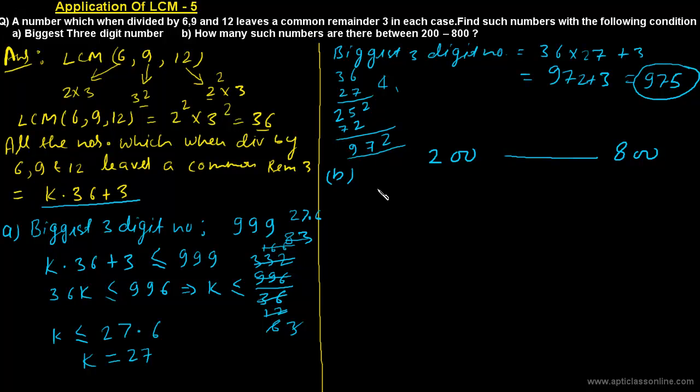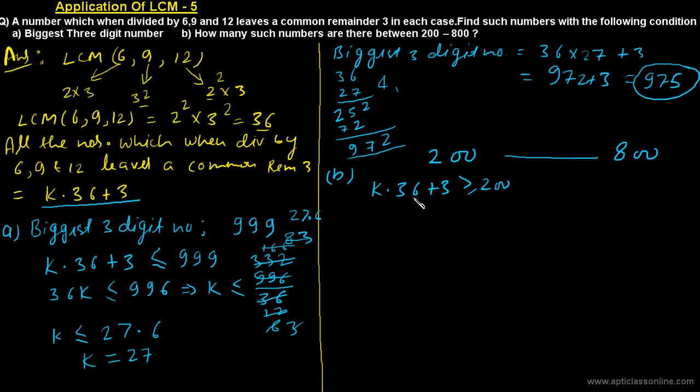So taking the first value of k, that is k into 36 plus 3, that is greater than or equal to 200. Let's check. If we keep on putting the value of k, we try to get which value is just above 200.